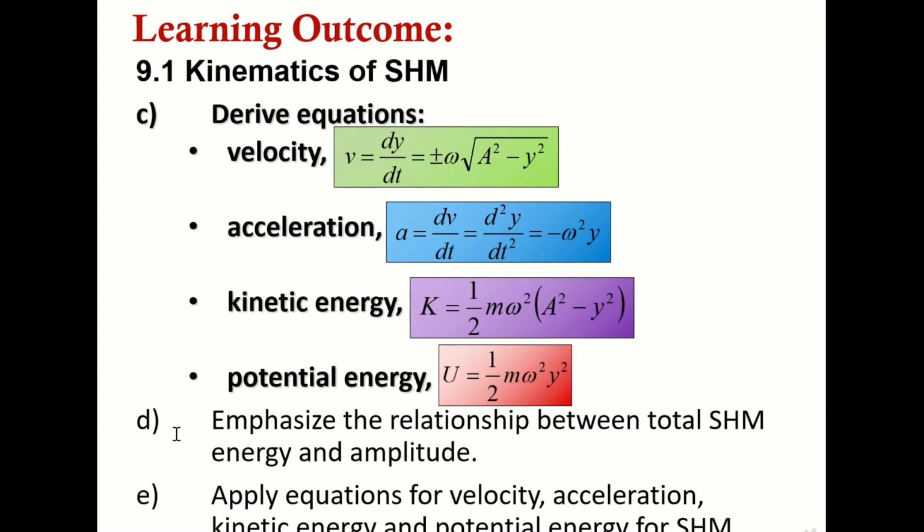The second last is to emphasize the relationship between the simple harmonic motion, energy and amplitude, and the last one is to apply the equation for velocity, acceleration, kinetic energy and potential energy for simple harmonic motion.